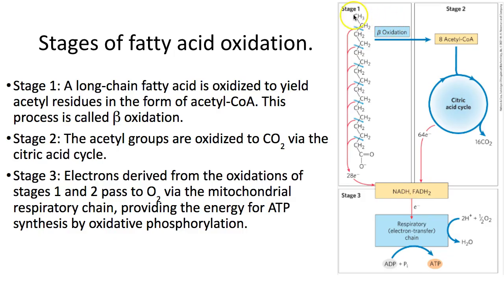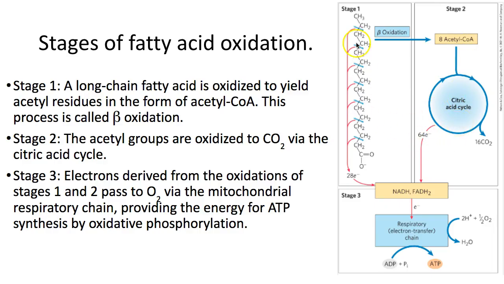So once again, we just talked about stage 1: oxidation, hydration, oxidation again, and then a cleavage to make the acetyl coenzyme A, which will go through the citric acid cycle. We'll talk about that later.